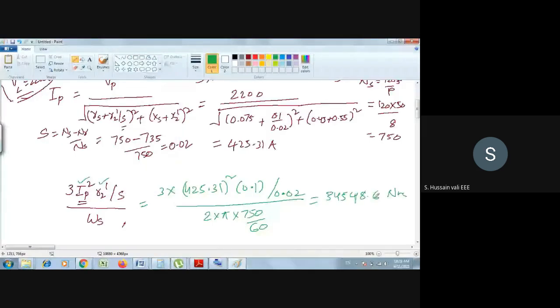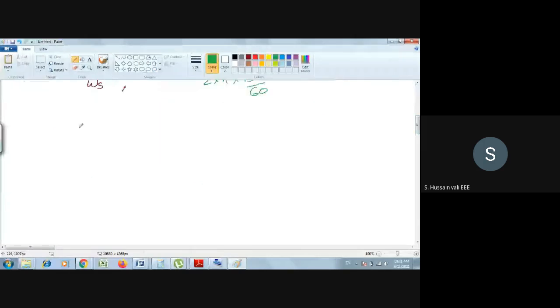Now we will find out the remaining two torques, maximum torque and starting torque. So what is maximum torque? Now I will write the formula directly. Just go through the equations of the maximum torque.